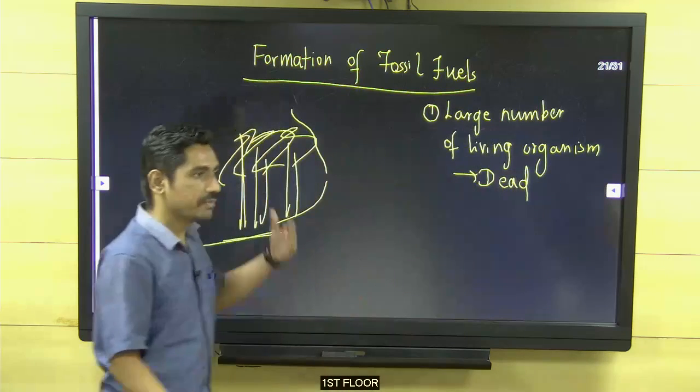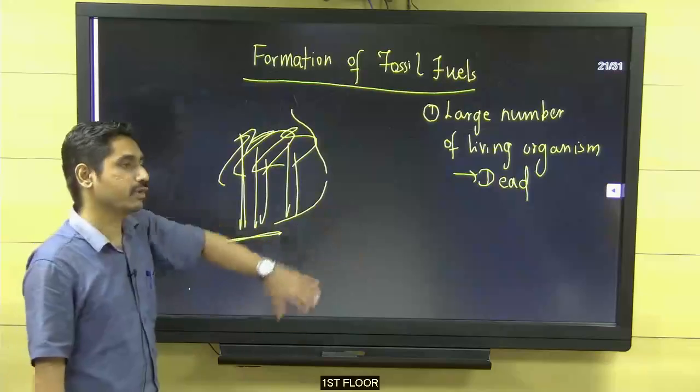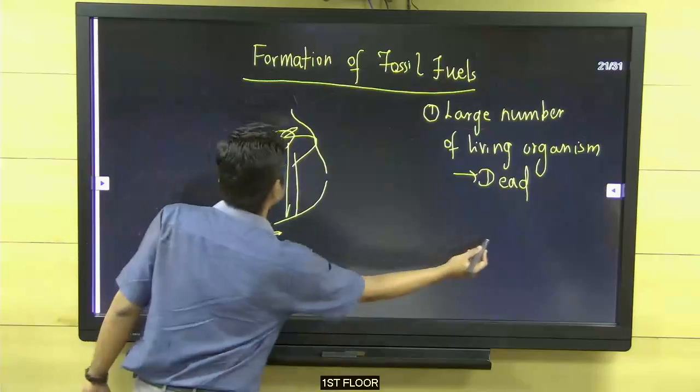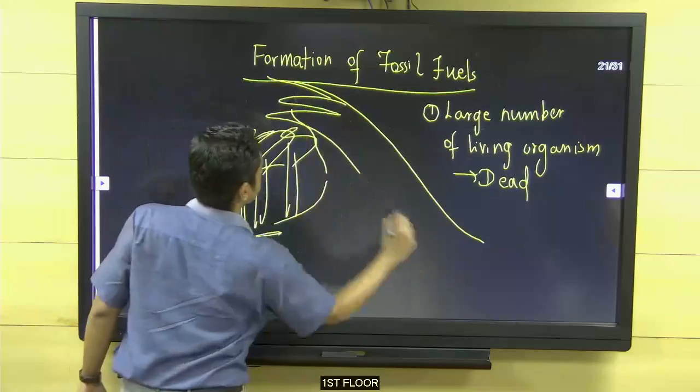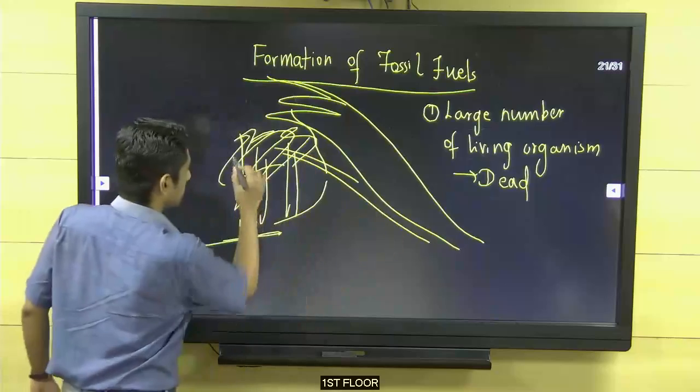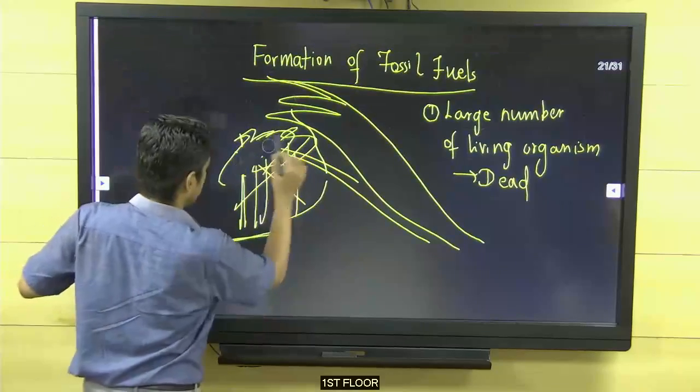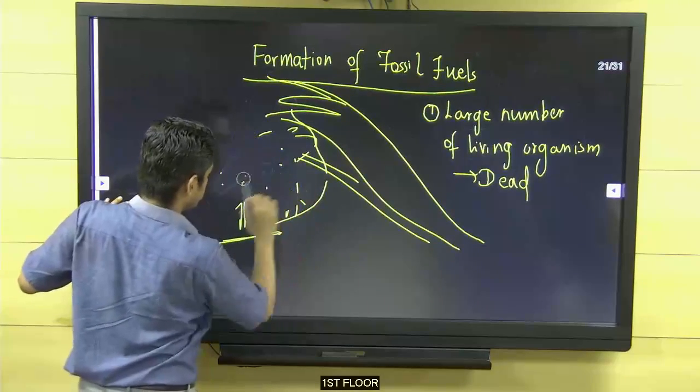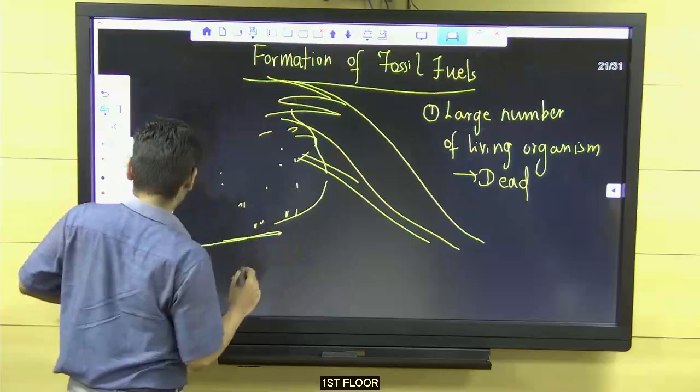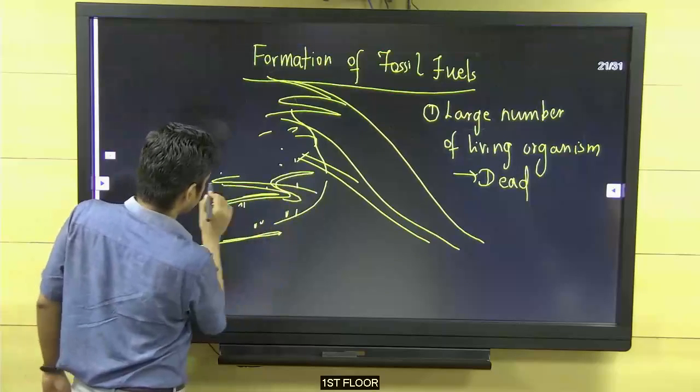Maybe there is a tsunami, a volcanic eruption, anything. We are talking about a very large scale disaster, and this disaster destroys all of them. So all of them are dead. And the plants lie down. They are uprooted. Maybe the volcanic eruption spreads a large amount of ash and all the materials are lying down.